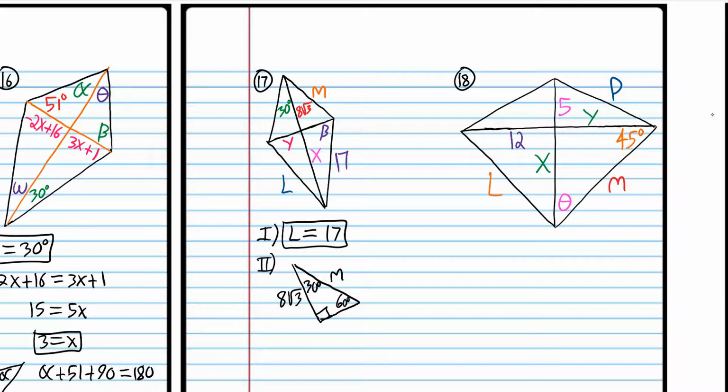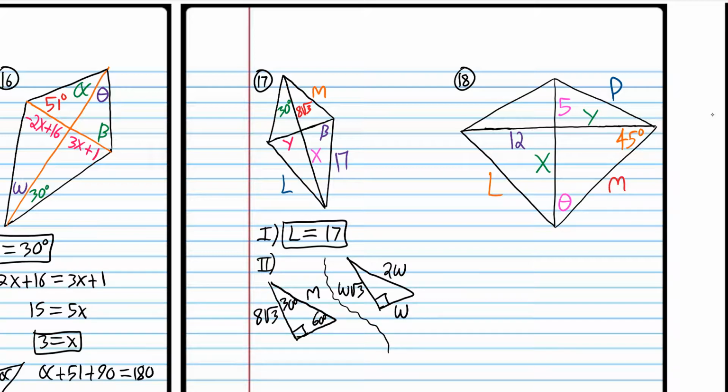So what we're doing is, let me move this over a little bit. We're using those special triangles. So remember, opposite 30, that would be W, and this side would be W root 3, and this side would be 2W. Make a little divider there.